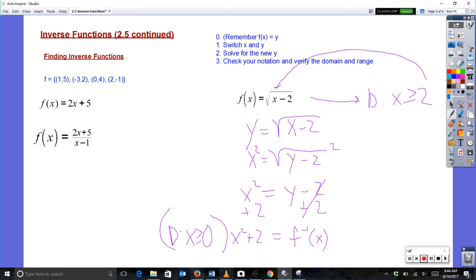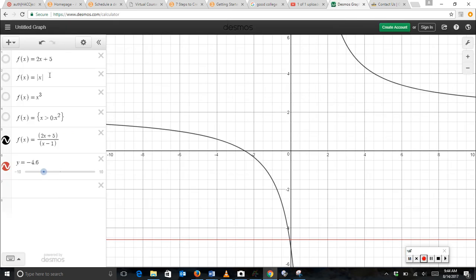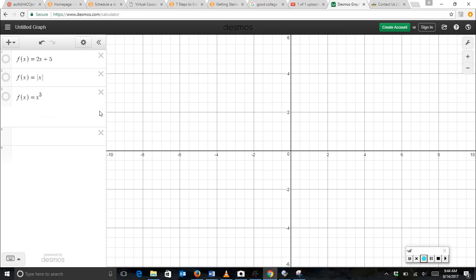We'll take a quick peek at Desmos for that, so we can look at the graph. Got all our old ones in here from before. Let's clear them out. And what I'm going to do is, again, employ a fraction exponent here. So we have x minus 2, let's delete out this old stuff, to the 0.5 power.